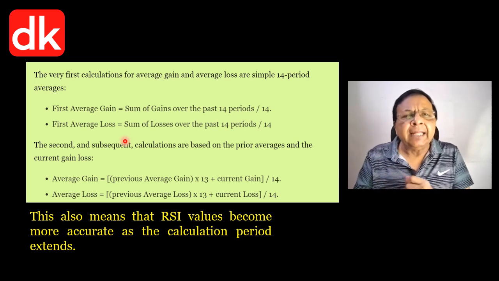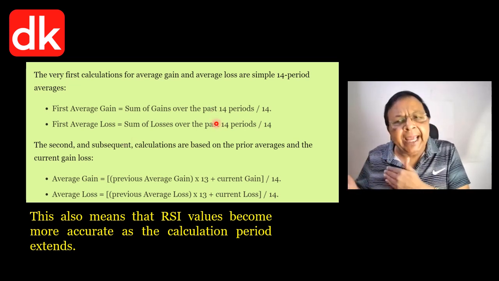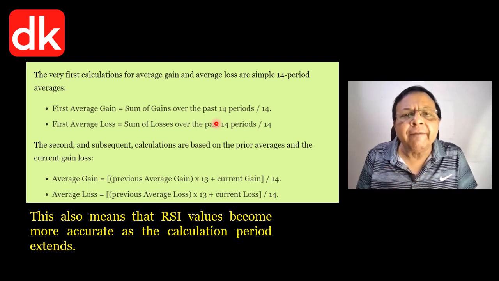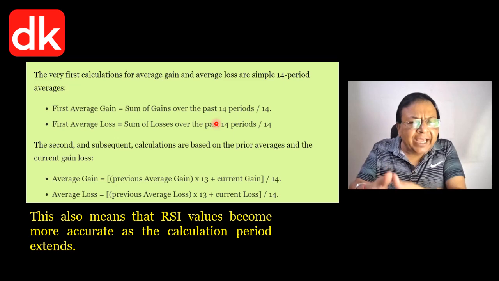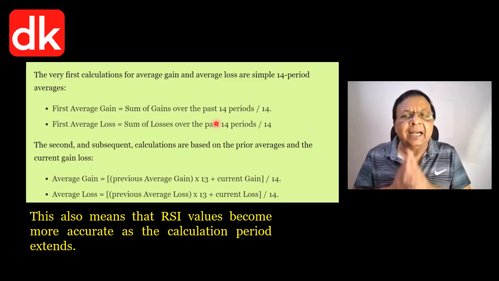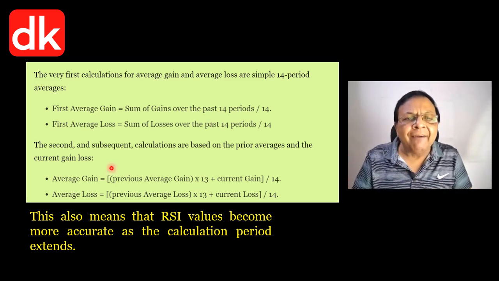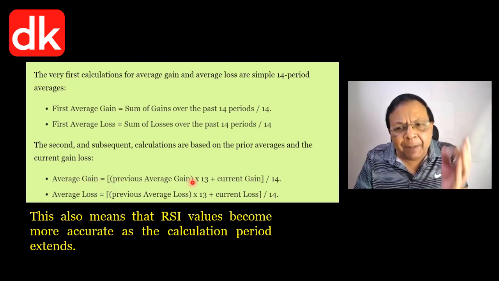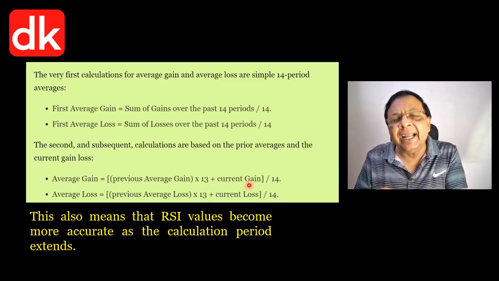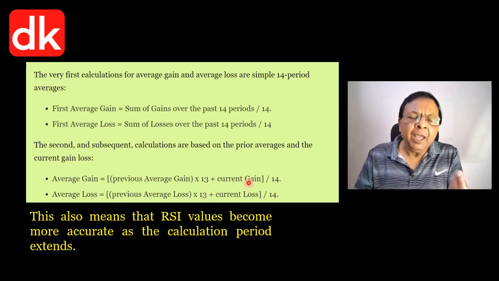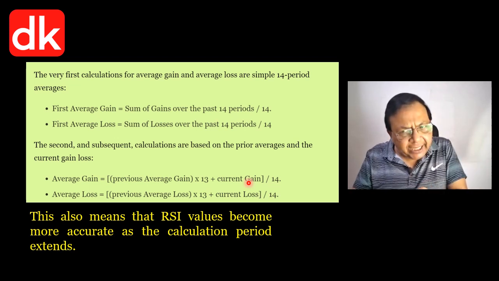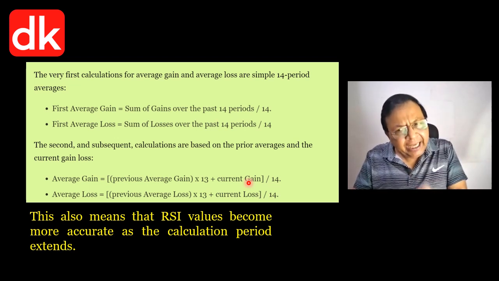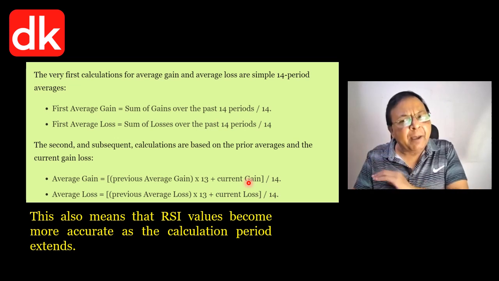And the second and subsequent averages are always arrived at by adding the value of the gain or loss of the current candle. So the average gain would be what? Previous average gain multiplied by 13 plus current gain, divided by 14, because 13 prior periods are being considered and the 14th day is the current period, added to it and divided by 14.